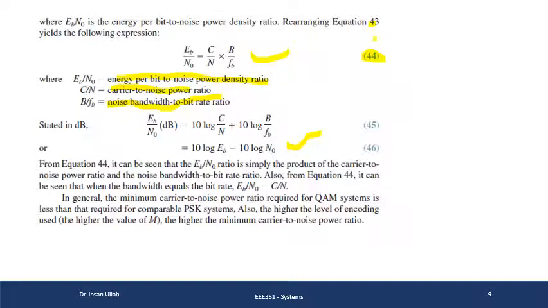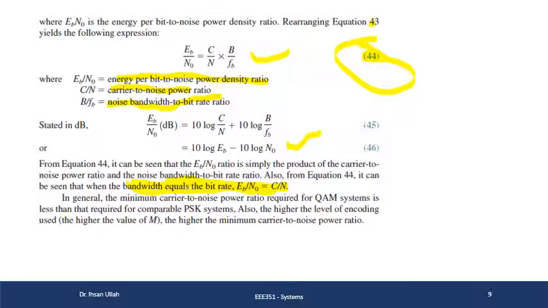Now if you see equation 44, you can see that the EB by N naught ratio is simply the product of the carrier to noise power ratio and the noise bandwidth to bit rate ratio. And when the bandwidth equals the bit rate, we have seen such modulation schemes where the bit rate is equal to the bandwidth.